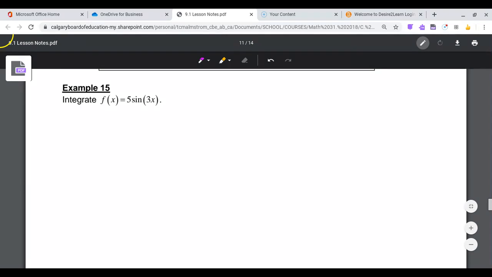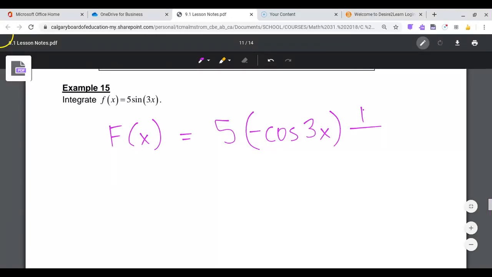Because this is very similar to what we did in example 2. So we would have that f of x is equal to 5 times the antiderivative of sine. It is negative cos of my same argument multiplied by 1 on that k value, so 1 on 3.